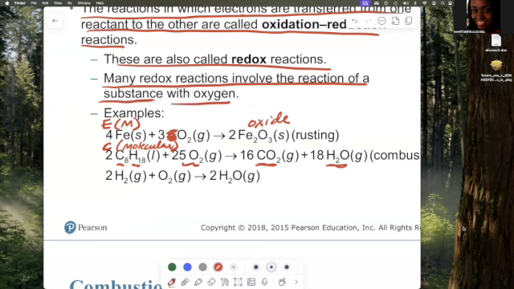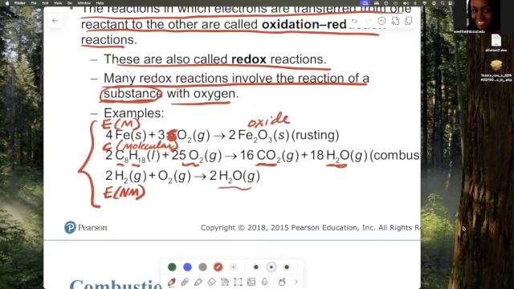This time we have an element that's a nonmetal, also reacting with oxygen to form an oxide. We get the idea that they use the term substance or a chemical to indicate it can be a metal, a nonmetal, or a molecular compound. All of these will react with oxygen to form oxides. These are examples of redox reactions.